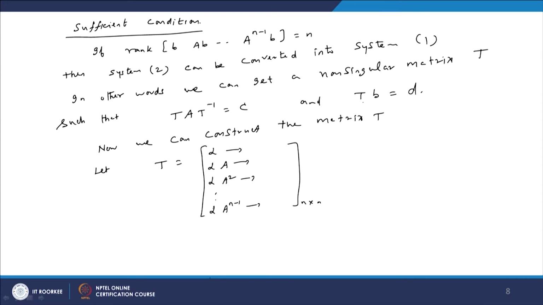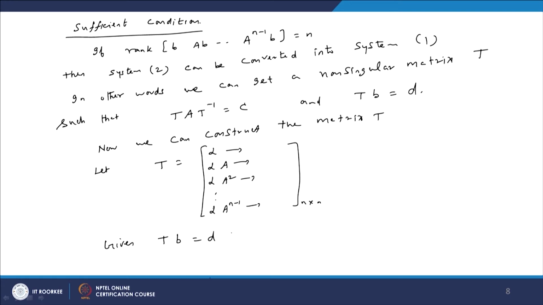First, it is given that if at all there exists a matrix T, then T into B should be equal to D.